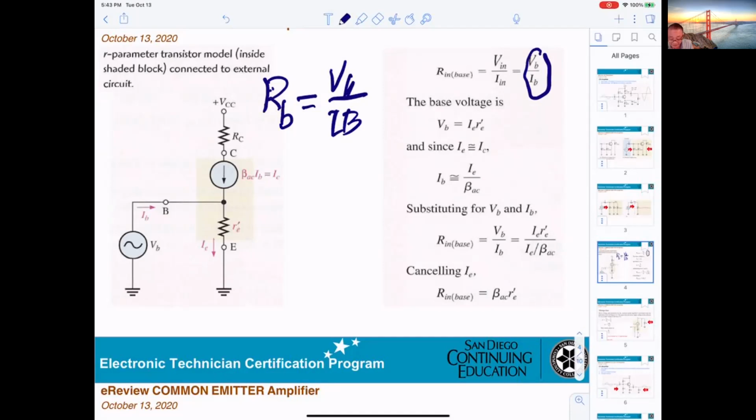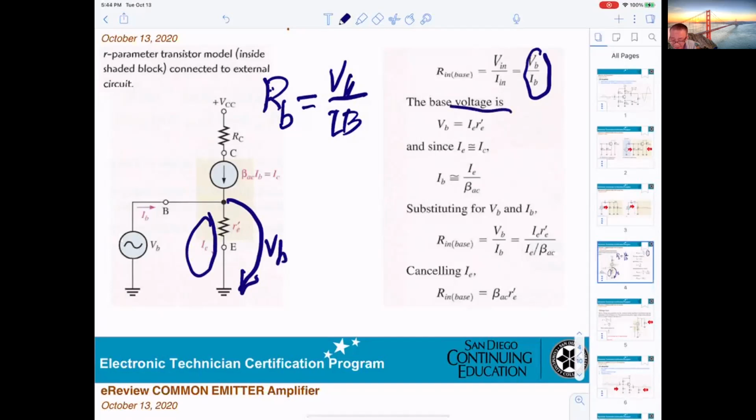And VB means from here, from the base to the root. And that VB will be equal to the resistance R prime E and the current flowing here IE.